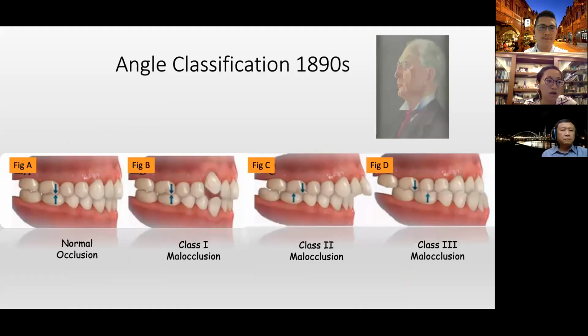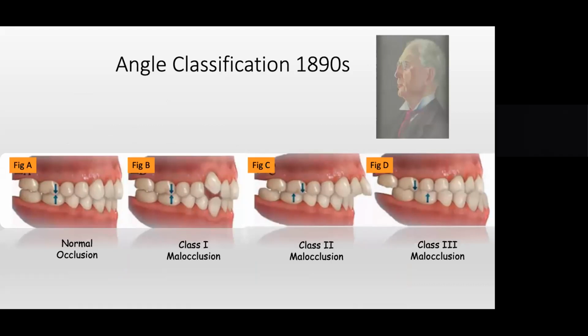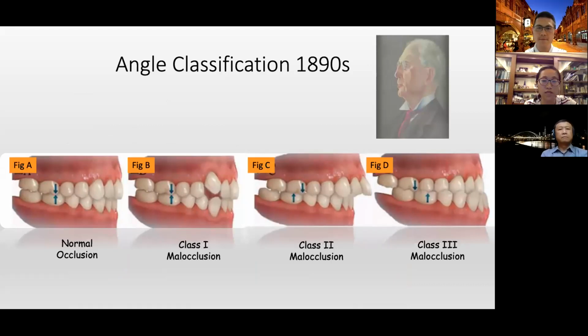Dr. Angle is the father of modern orthodontics. He set up an important classification for orthodontics in the 1890s. From the pictures, we show that class 1 is when the mesiobuccal cusp of the upper first molar occludes to the buccal groove of the lower first molar.